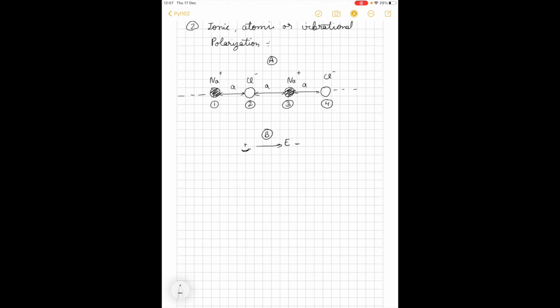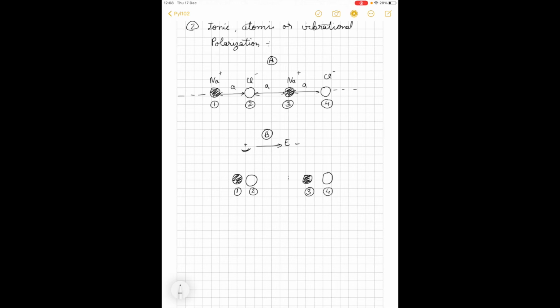So 1 and 3 will move towards the right. This is 1, and the position of 3 was somewhere here, but now it will go to this position. This is 3 now. And the anions 2 and 4 will shift towards the left. So 2 will move this side, and let me draw it as a bigger sphere.